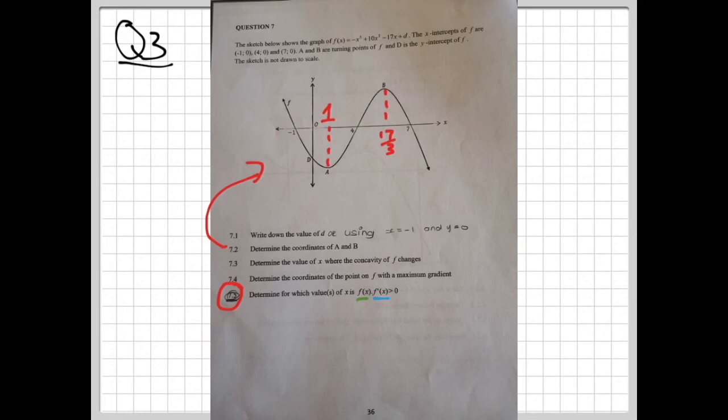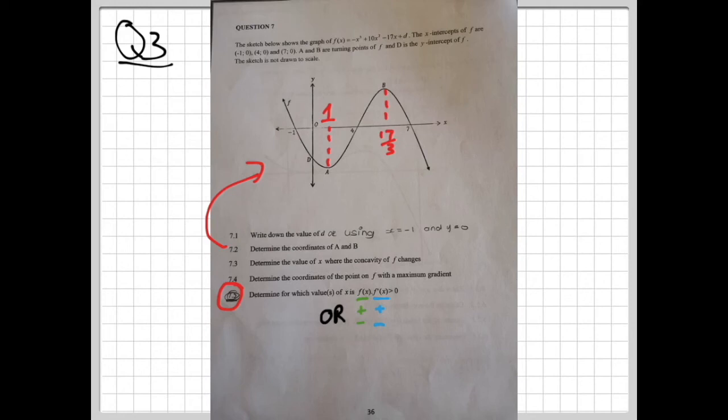I want to ask myself, where is something times by something else bigger than naught, or positive? Well, I've got two options. First of all, a plus times a plus. Secondly, a minus times a minus.